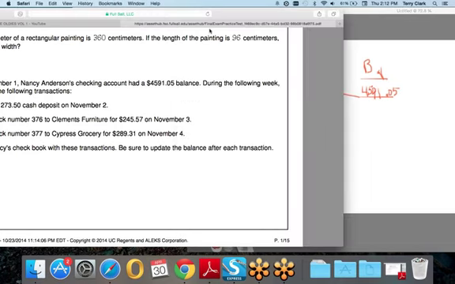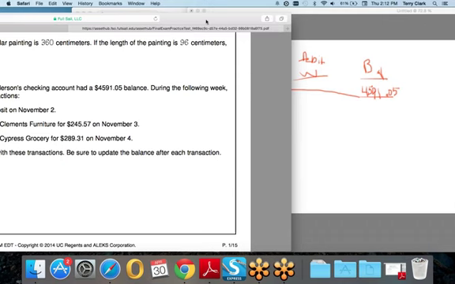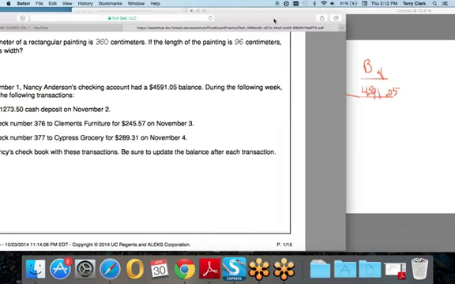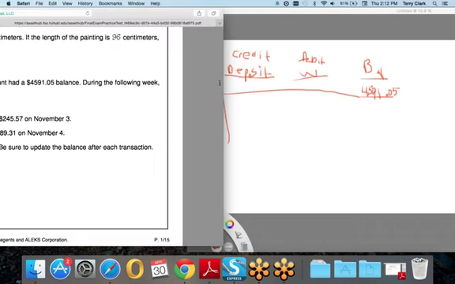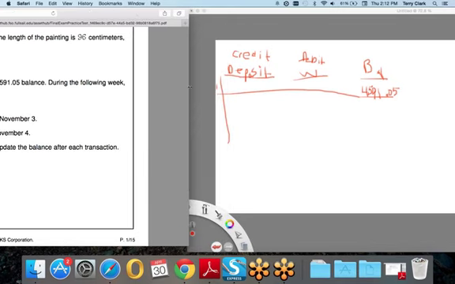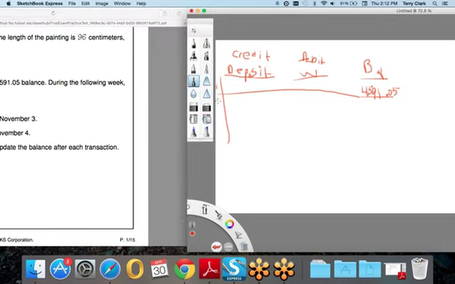And then we have a deposit of 1273.50 on the second. So on the second, there's a 1273.50. Okay, now that 1273.50 gets added to the balance because it increases your balance.